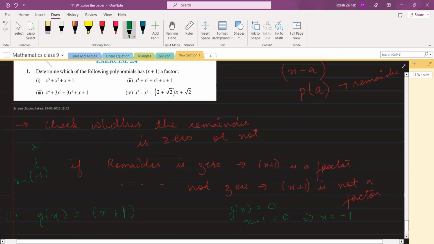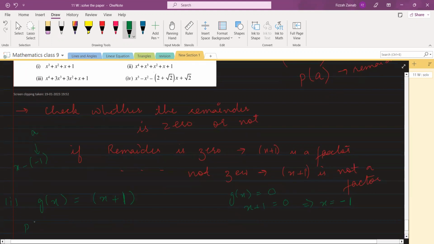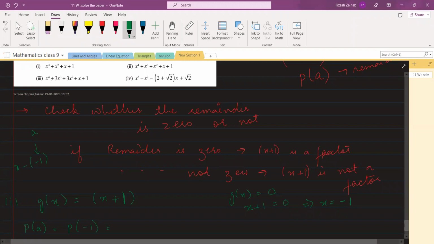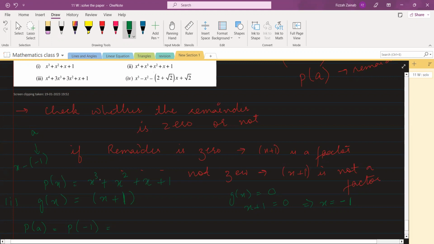Okay. Now just find the value of the polynomial at this a. So I want to find p at a, that means I will find p at minus 1. So this is your polynomial, the first part: x cube plus x square plus x plus 1. Now put minus 1 everywhere.